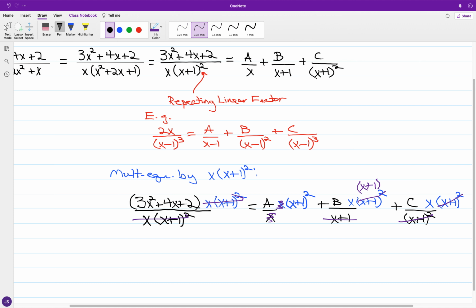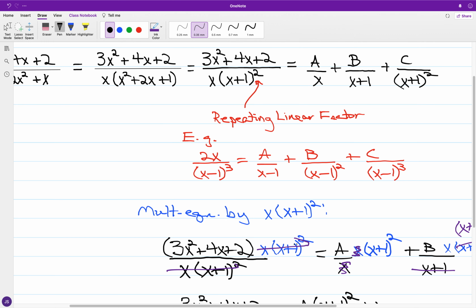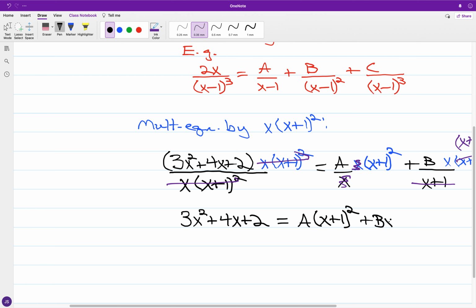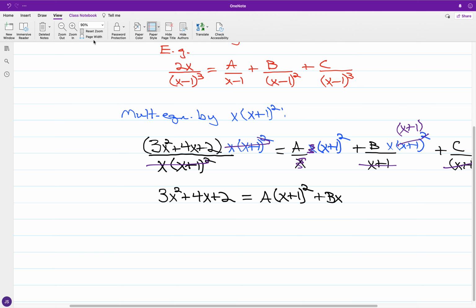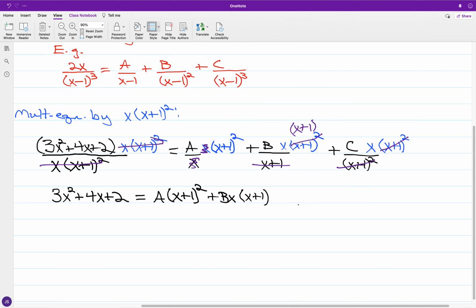Upon clearing out the fractions, I rewrite it: 3x squared plus 4x plus 2 is equal to a times the square of x plus 1, plus b times x times the quantity of x plus 1, and again for c, the denominator in the square of x plus 1 completely canceled, but you still have the x factor that remains.